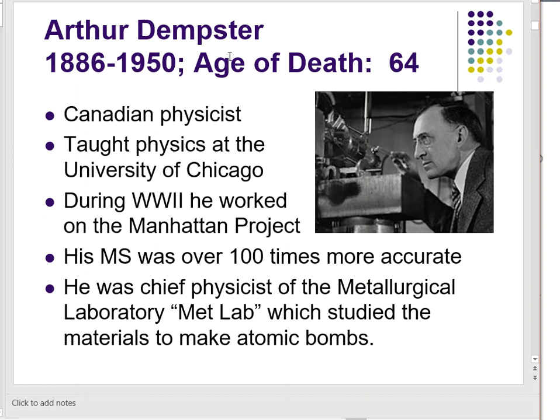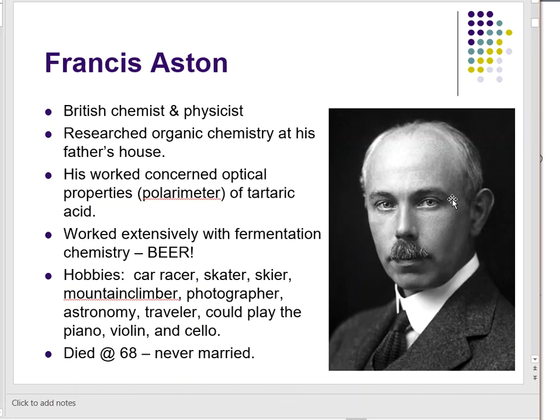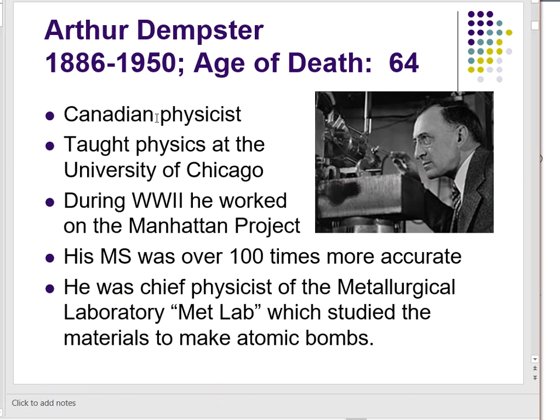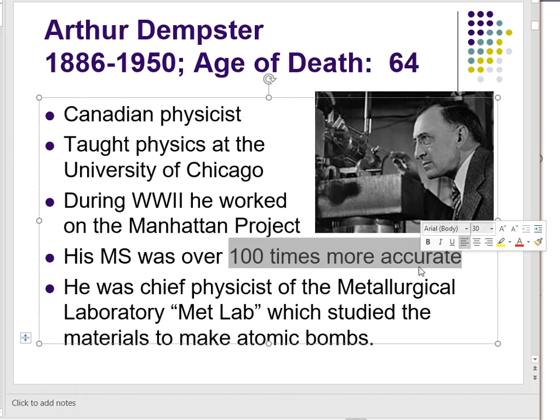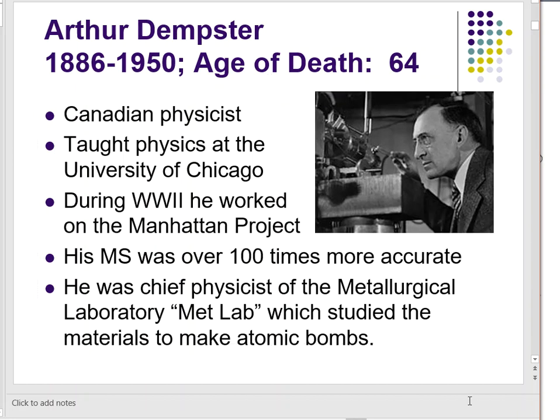What he can take credit for, though, is that he improved the technology that Aston was using. So Dempster took it, just like Aston did from his teacher, and expanded the knowledge. And he made a mass spectrometer that was over 100 times more accurate than the leading MS at the time.